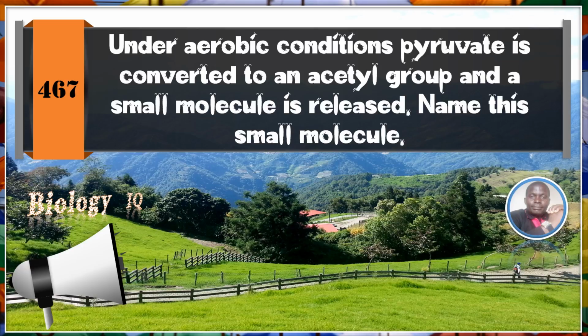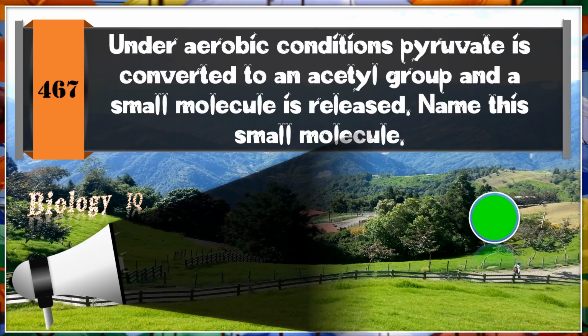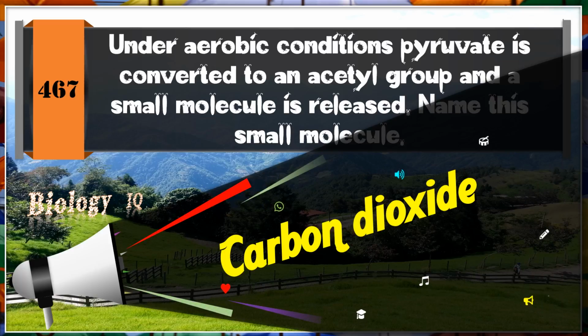Under aerobic conditions, pyruvate is converted to an acetyl group, and a small molecule is released. Name this small molecule. Carbon dioxide.